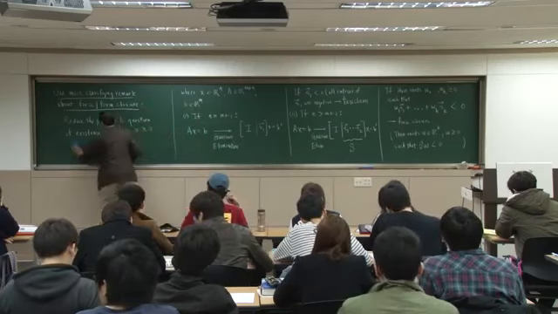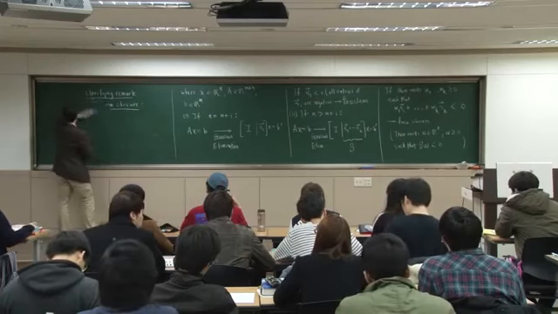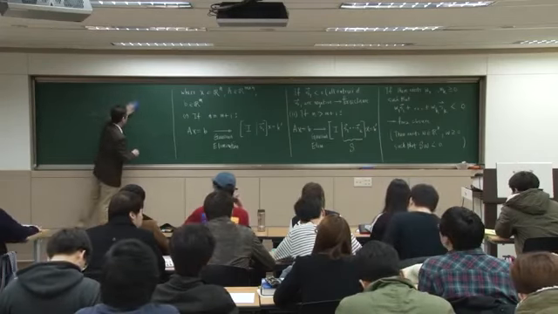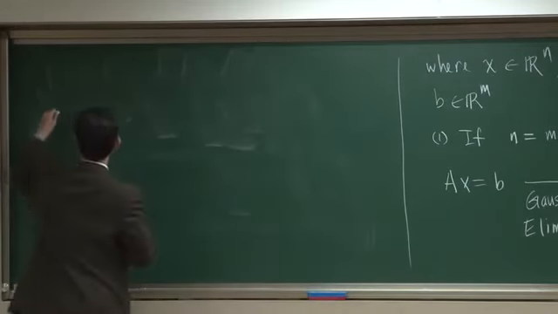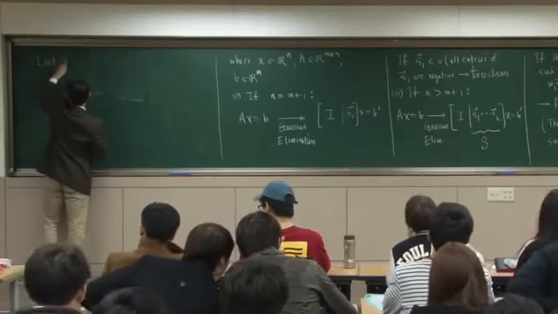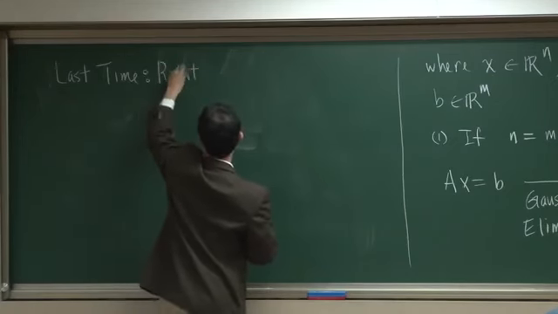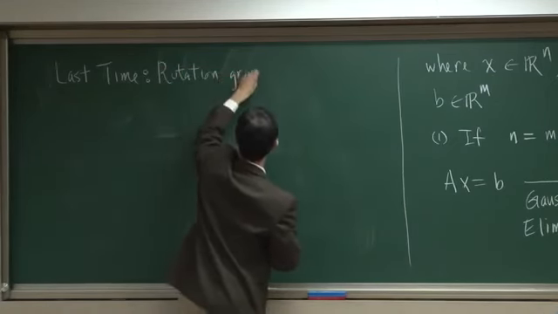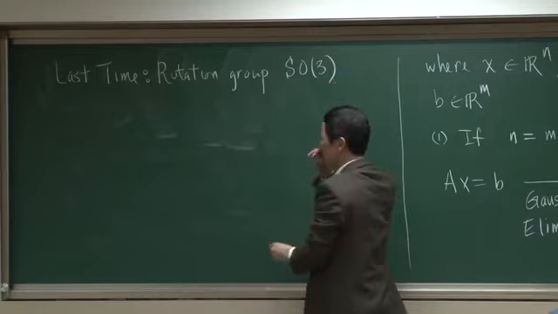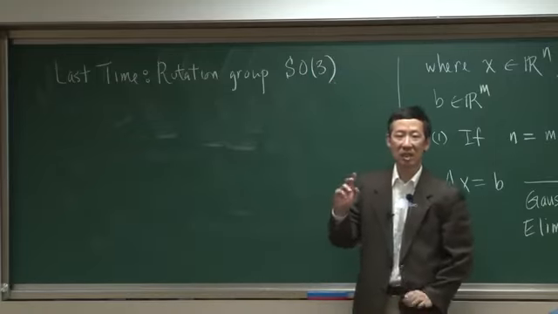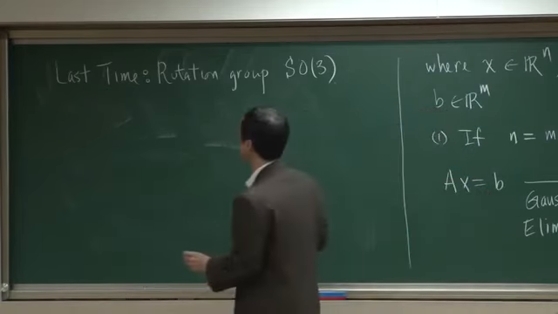Now let's go back to the question of how to mathematically describe orientations. So last time we looked at the rotation group, and we use the letters SO3. If you recall, SO3 stands for special orthogonal group in 3-dimensional space.